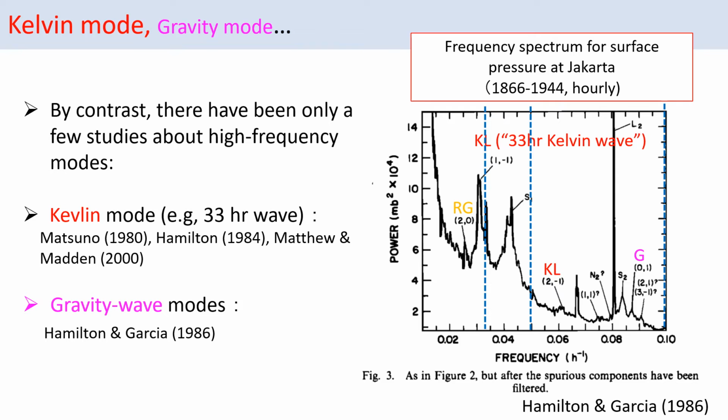including the 33-hour wave and a few gravity wave modes whose existence was first suggested by Hamilton and Garcia using the frequency spectrum for the surface pressure data at Jakarta.